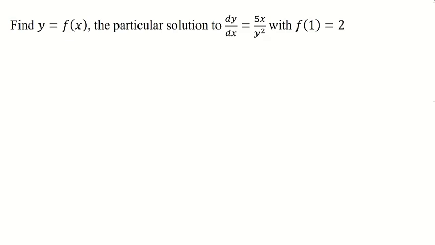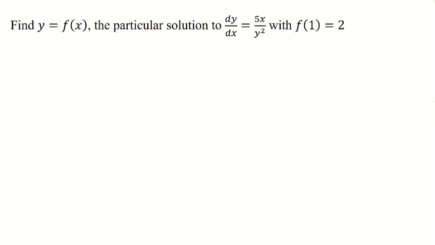Okay, here, now it's finally asking us to find a particular solution. So the particular solution was like, on the slope field, here's your starting point, color in the lines. We're going to do the same thing, except we're going to plug in x equals 1 and y equals 2 to find the value of c. So I'm going to clear out the y squared.